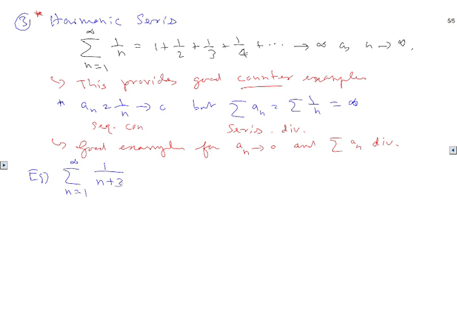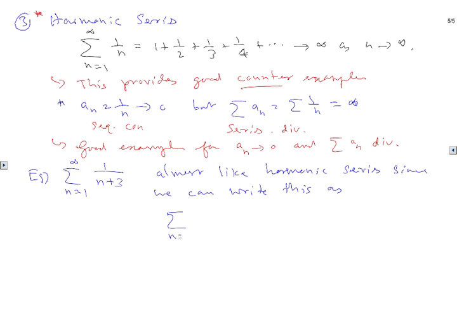This may not look like the harmonic series, but it is almost like the harmonic series, since we can write this as sigma n going from 4 to infinity, 1 over n.